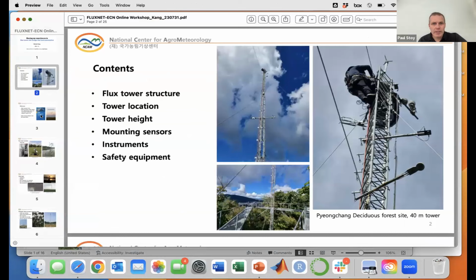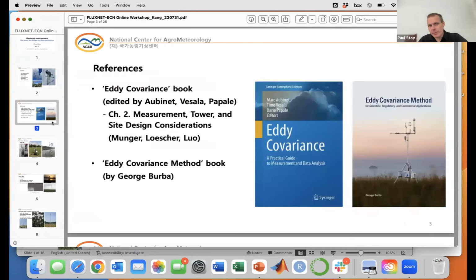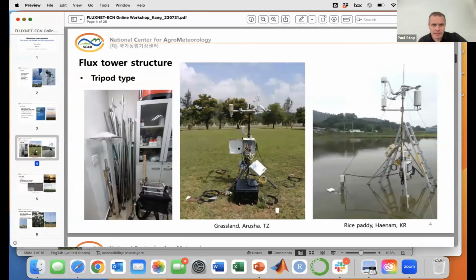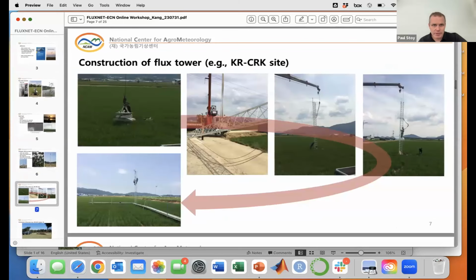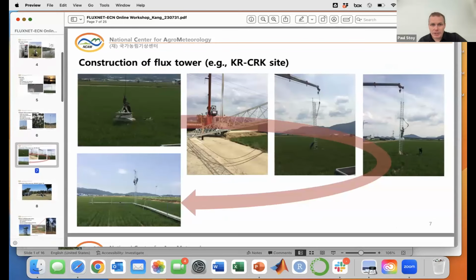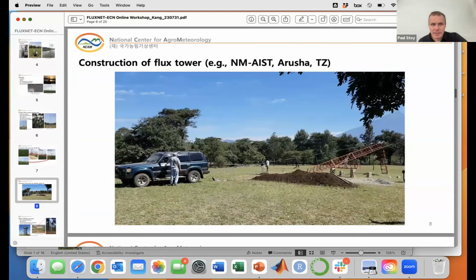What this talk goes through, and I think it's great and should be shared with everybody, is just some really relevant aspects of where to go for basics, right? Different types of towers, tripods, triangular type towers, other towers, elements of actually installing it. Like, these people are very fortunate, they can actually bring machinery into their site. Usually it's not the case.